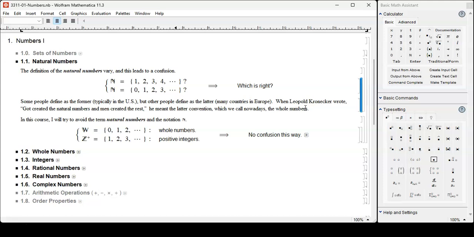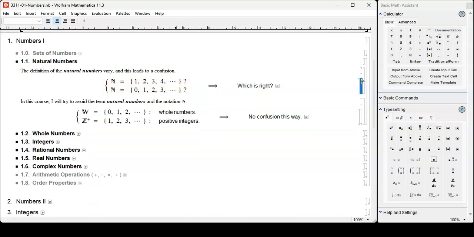For example, when Leopold Kronecker wrote, "God created the natural numbers and men created the rest," he meant the second convention. 0 is important. Without 0, we cannot create other things. But here in the United States, the natural numbers start at 1. So we want to avoid confusion.